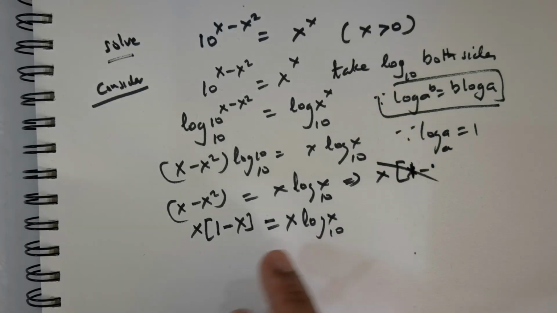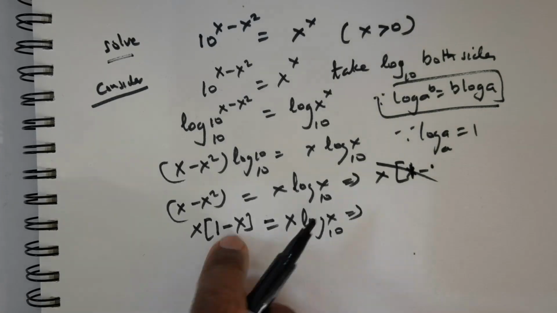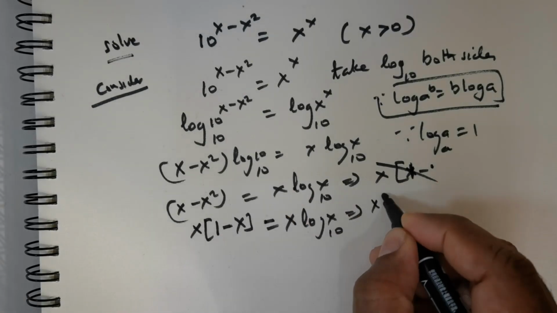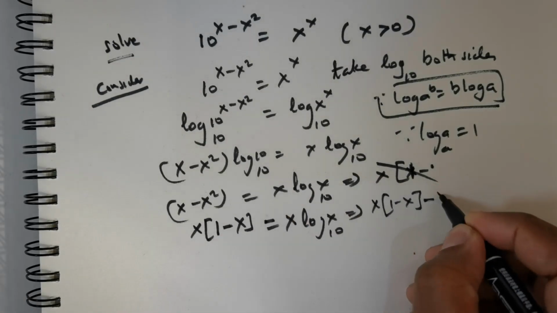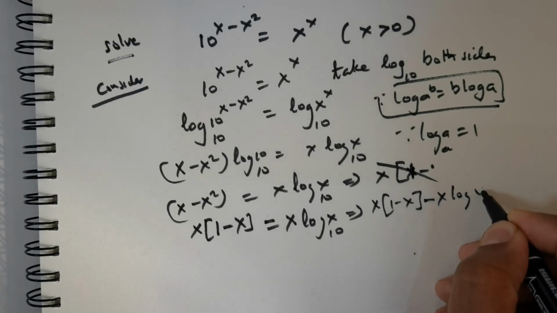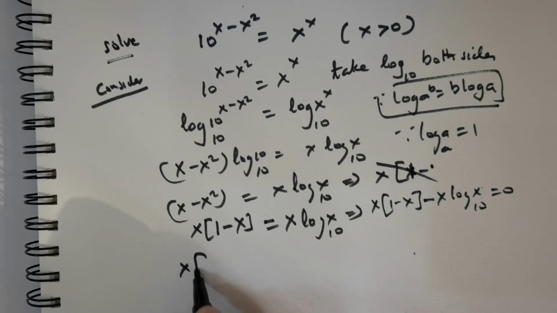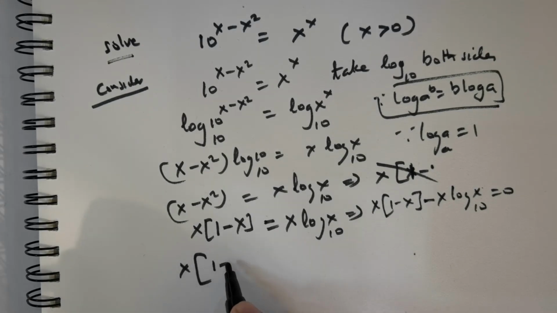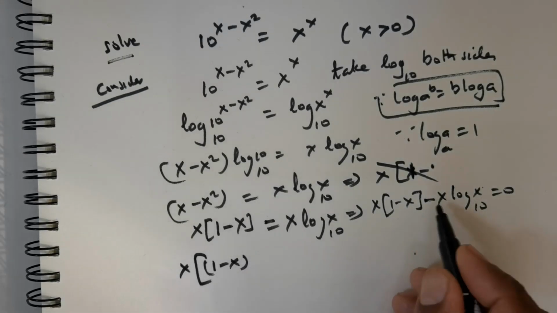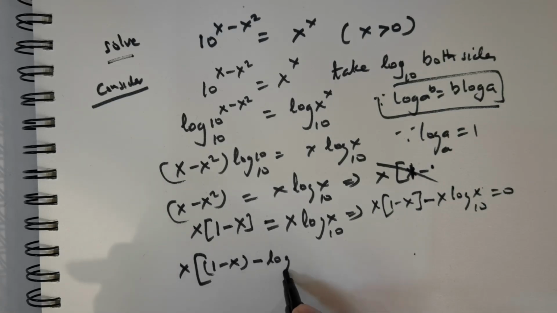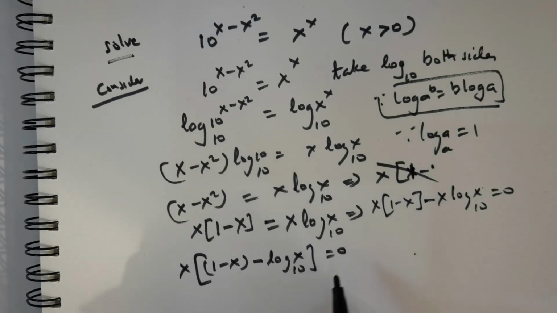If I push this to the left, I have x(1 − x) − x log x to the base 10 is equal to 0. x can be taken out, so this is x times [(1 − x) − log x to the base 10] is equal to 0.